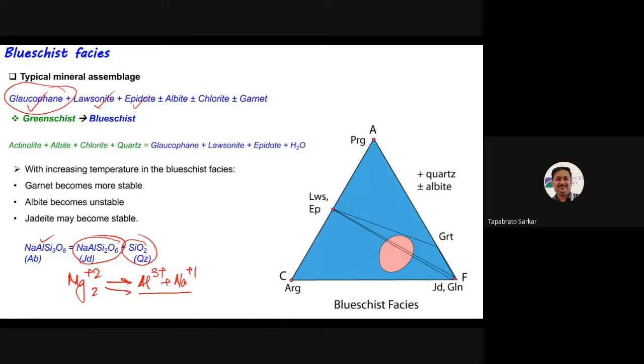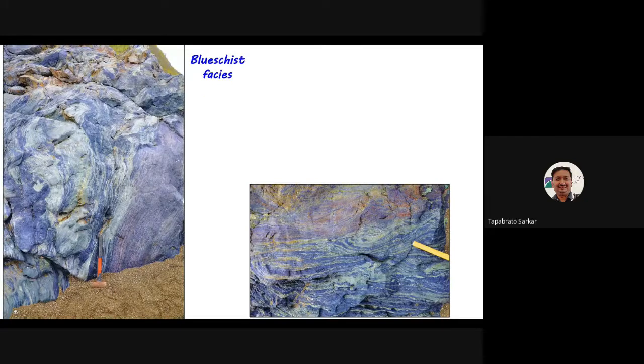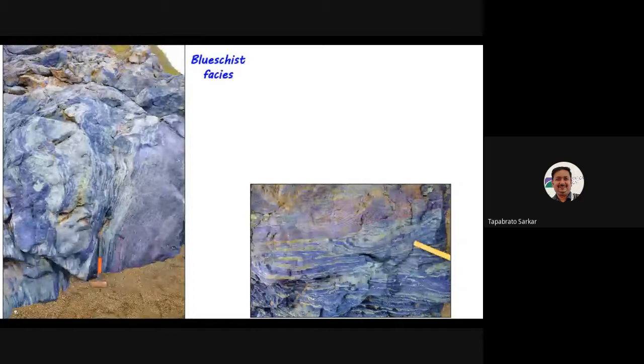Okay, this is how the blue schist looks, really blue in color. If you had come to the lab, means physically present, I have a small piece of blue schist. This is a common rock which is not found in India. Means in India we do not have such a condition where we find blue schist. But it is really nice and blue in color.